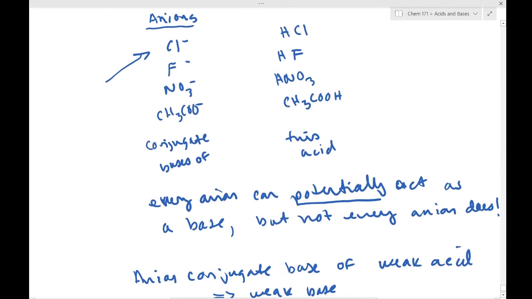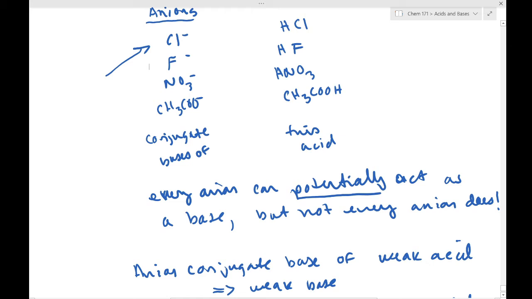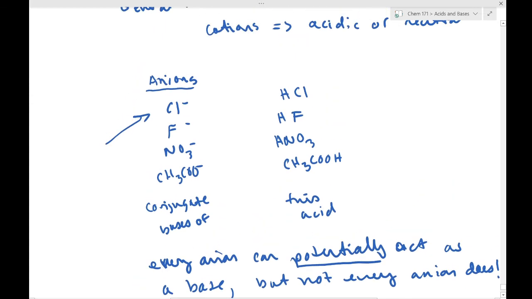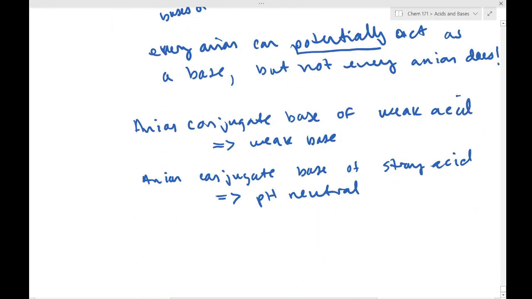If I form a solution with chloride in it, for example, if I dissolve sodium chloride into some water, the question is, am I going to be making the solution slightly basic by adding this chloride in? The answer is no. Since this ion is a conjugate base of a strong acid, i.e. HCl, the chloride ions in solution will have a net neutral effect on the pH. So you're not going to change the pH at all by dissolving sodium chloride.